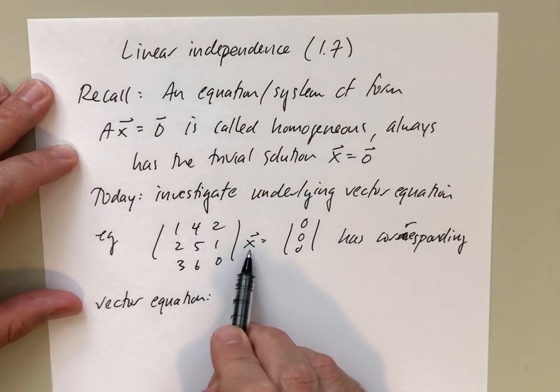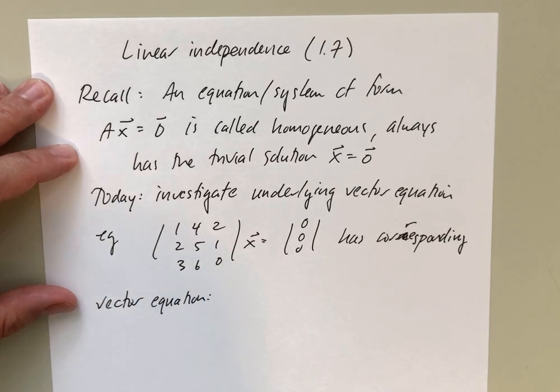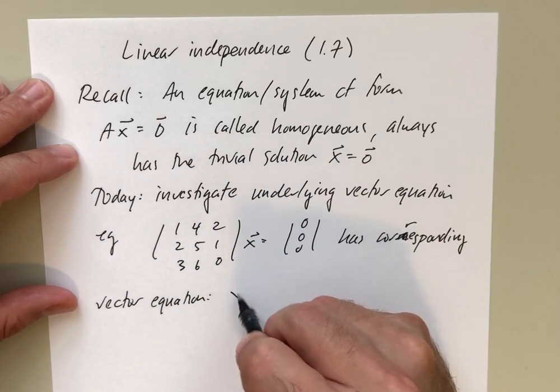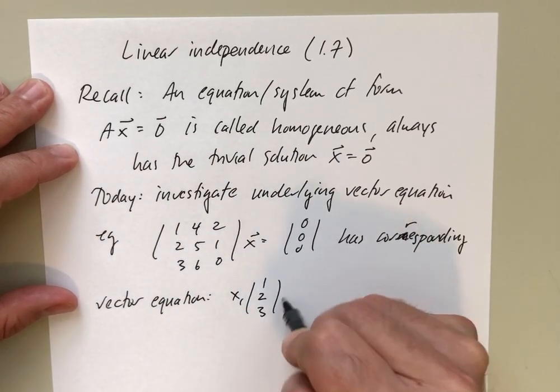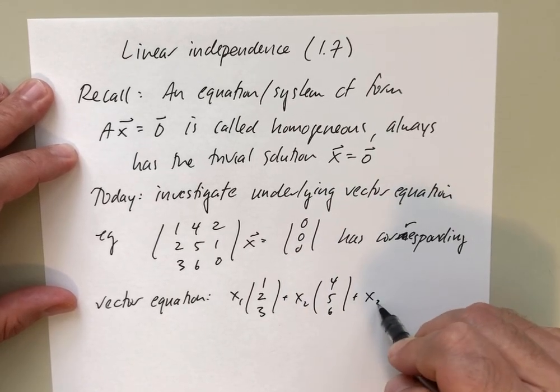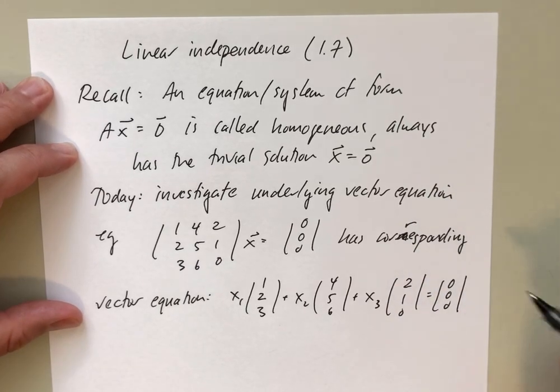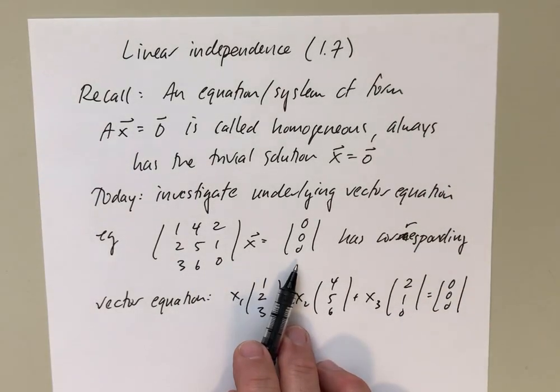So what do you do? Remember, x is a variable, x is a vector. Its entries will become the weights of this linear combination. So this will be x1 times (1, 2, 3), plus x2 times (4, 5, 6), plus x3 times (2, 1, 0). And this should equal (0, 0, 0), that's the right-hand side of this equation.